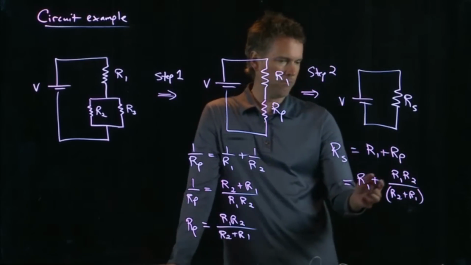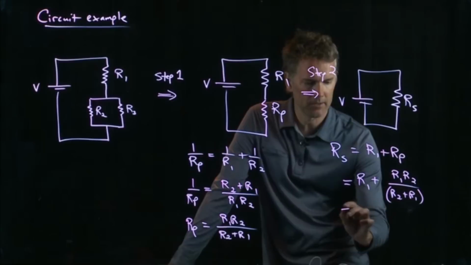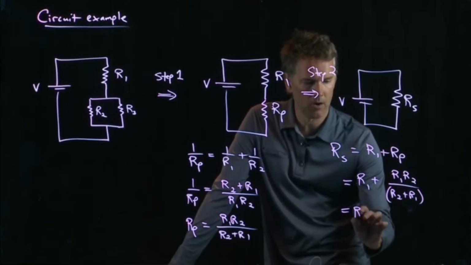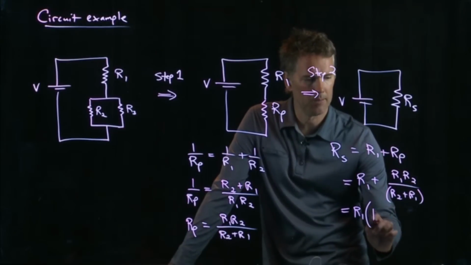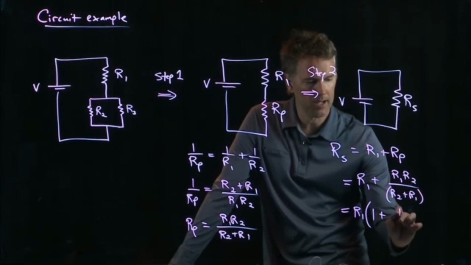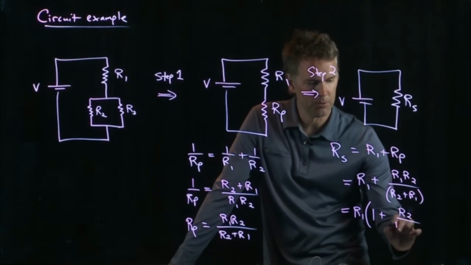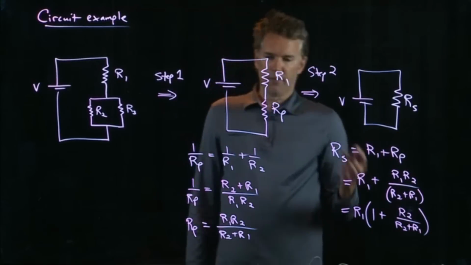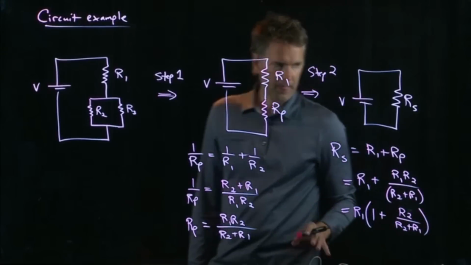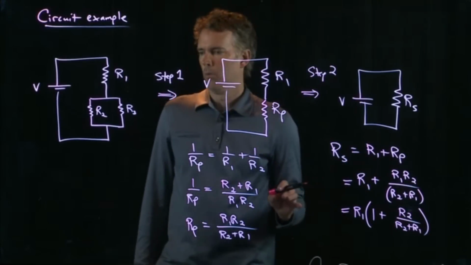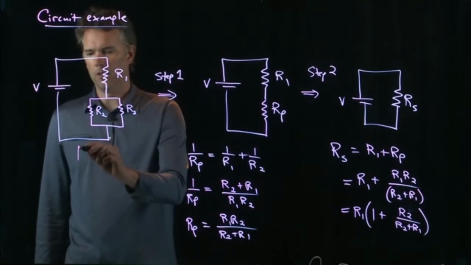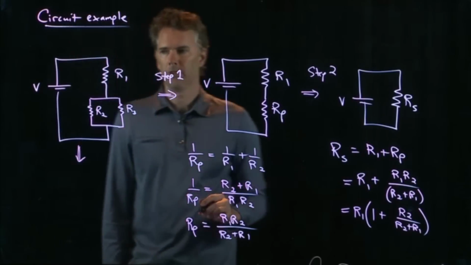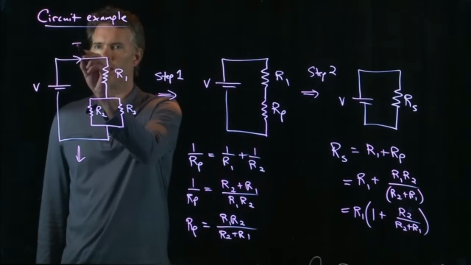And in fact, I can pull out a common factor here of R1, and I get R1 times 1 plus R2 over R2 plus R1. And you could simplify it further if you want, but that's fine. So one of the questions now is, what's the current going through this circuit? What is this current I?